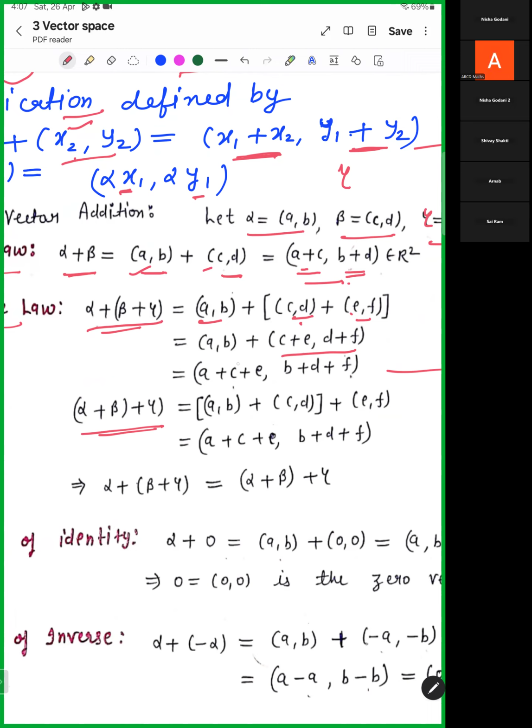Now it is added with a comma b component wise, so a plus c plus e, and similarly the other value is b plus d plus f. Now if we add first alpha plus beta and then add gamma, again you have this. So this equality holds and associative law is satisfied here.